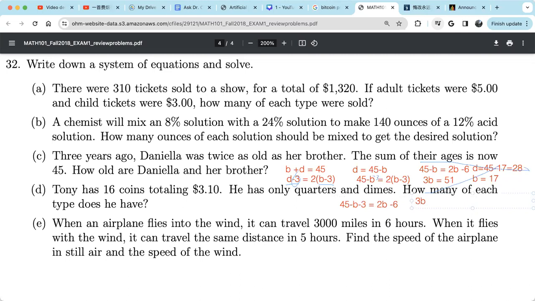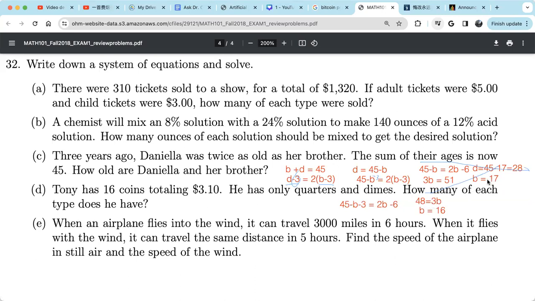On the right-hand side, we have 45 minus 3, which is 42. 42 plus 6, that's 48. So we divide by 3 on both sides. B equals 48 divided by 3, that's 16. So her brother's age is 16 instead of 17.